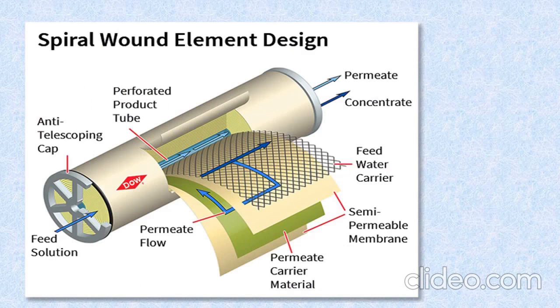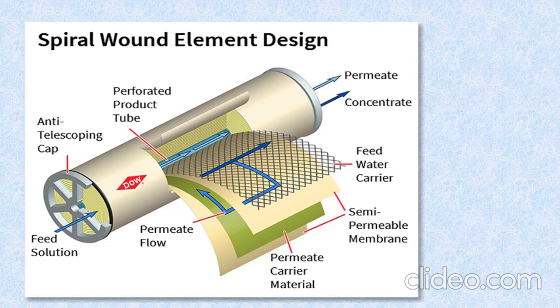Our RO membrane unit, how does it look? It has so many layers. It is just a unit which we have seen. At the lowermost, the pink colored one is the semi-permeable membrane. Beneath it we have a green colored sheet, which is the permeate carrier material. Above we have a string-like material, the feed water carrier, because there needs to be a gap for the water to travel.